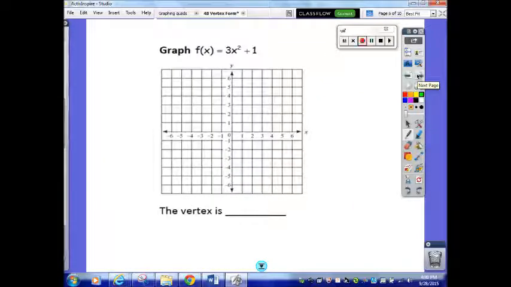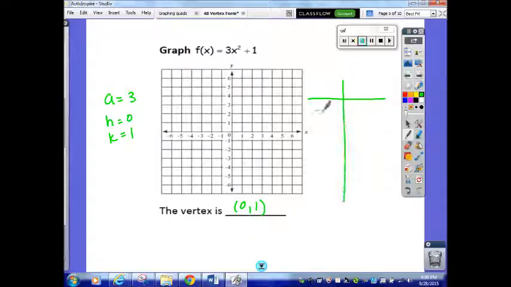All right, here's one more. So this time my A is 3. My H is 0 and my K is 1. So that makes my vertex 0, 1. Here again, need those parent points. I'm multiplying by 3 this time. So 12, 3, 0, 3, and 12.